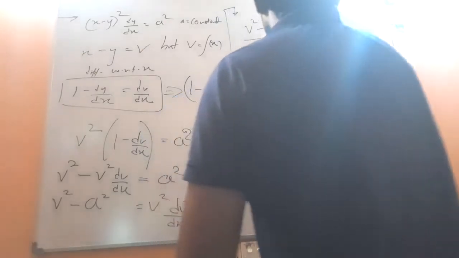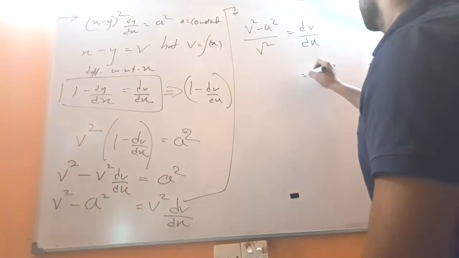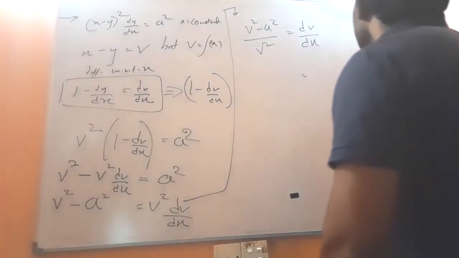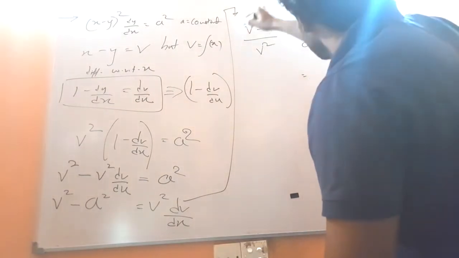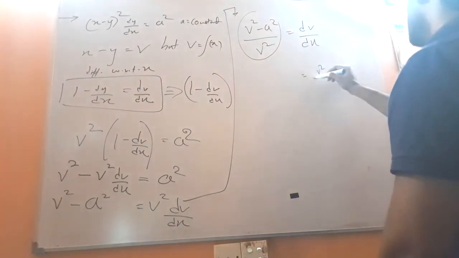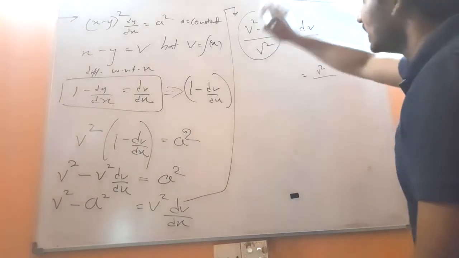Now let's check whether you can do something called variable separable. Yeah, of course you can do, no problem. You can do something like this. You can take this entire term to the other side, right? By cross multiplication, you can take this entire term to the other side.